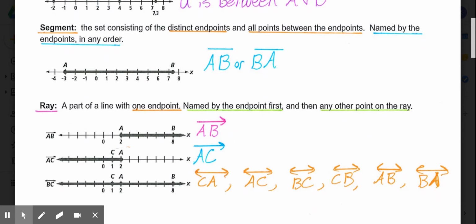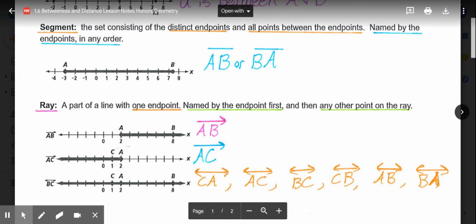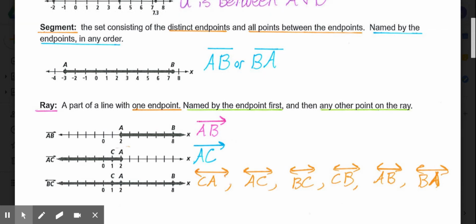Then we have the idea of a ray. A ray is a part of a line with one endpoint. It's named by the endpoint first and then any other point on that ray. So for example, looking at this, we have ray AB.